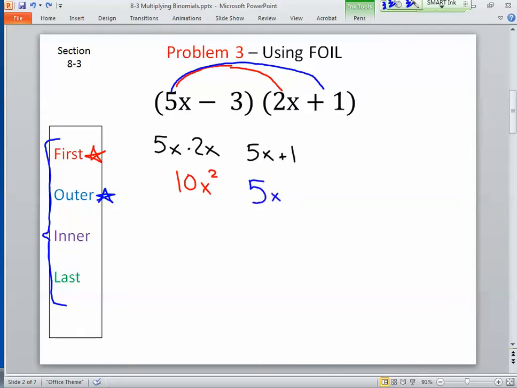Now, since I end up with a positive 5x, I put a plus sign in front of it right here. My third step is to multiply the inner two terms. That's going to be a negative 3. It's really important that we include the sign to the left of each term. So it's that negative 3 times a positive 2x.